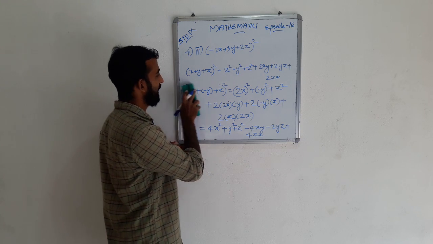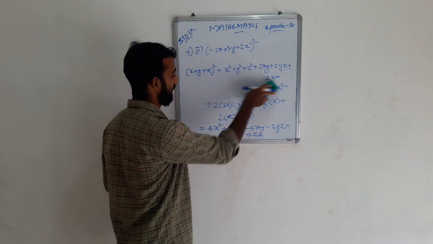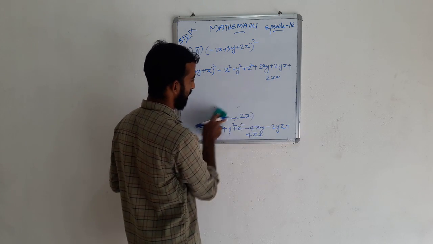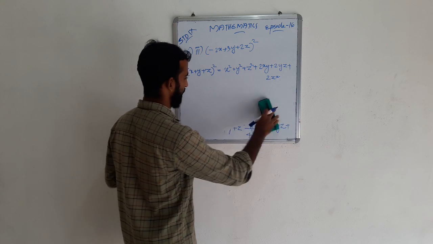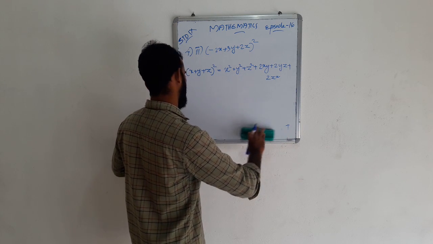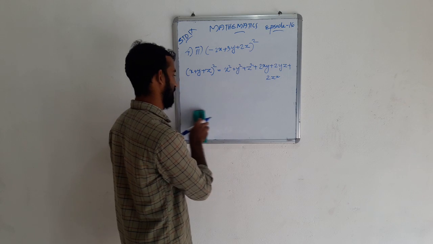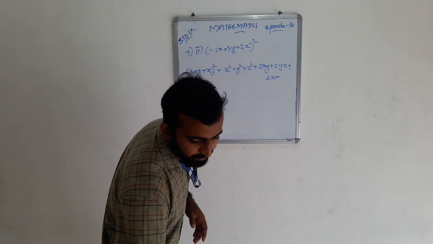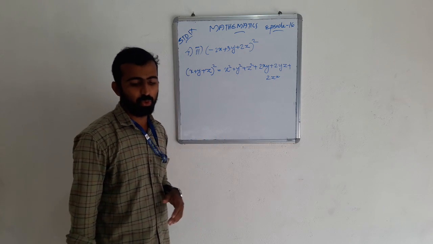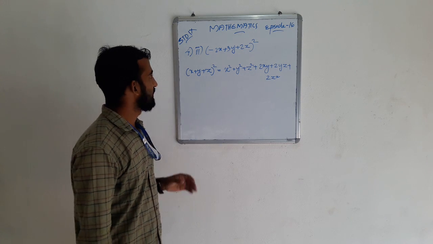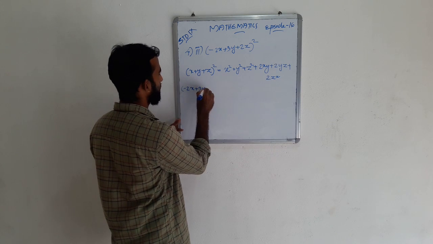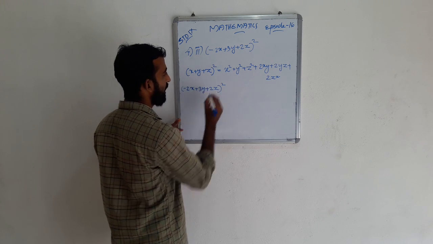So we can find using identity. That is, minus 2x plus 3y plus 2z the whole square.